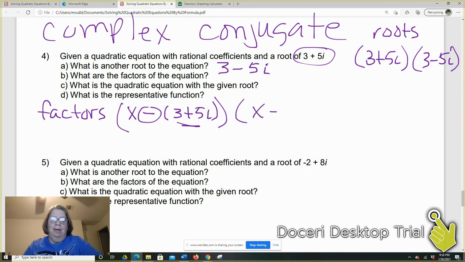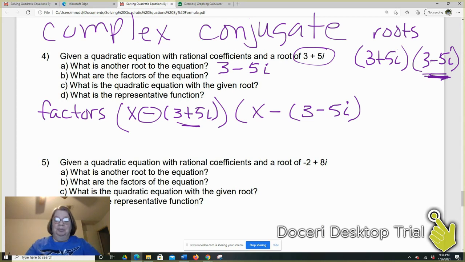And x minus 3 minus 5i. Remember, think of this as that is the solution. It's positive, so in the factor it'd be negative.